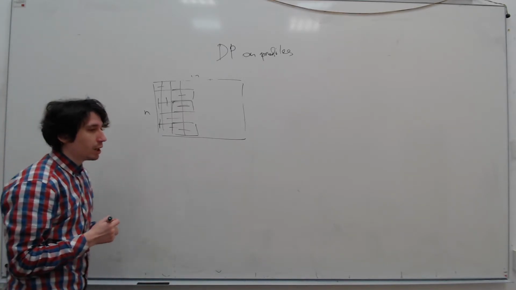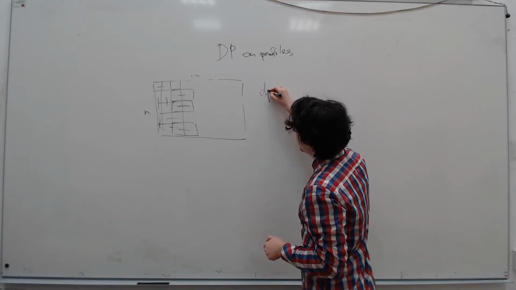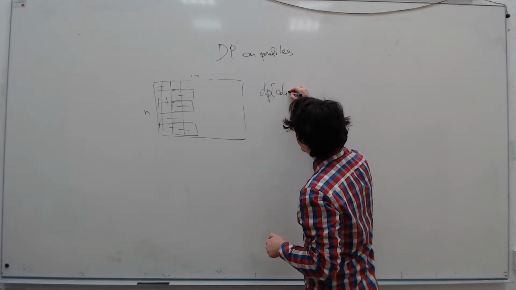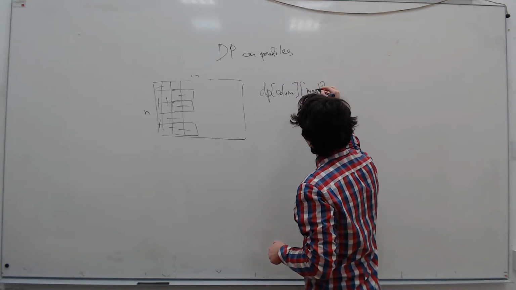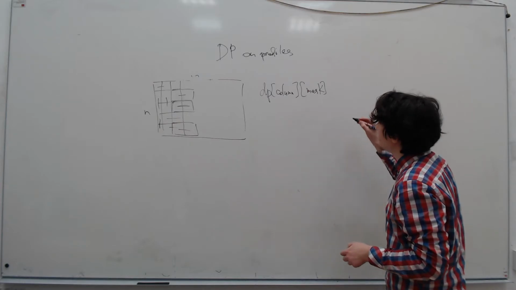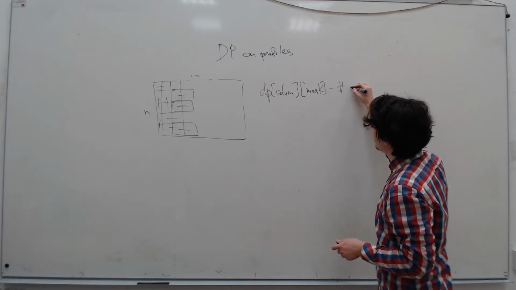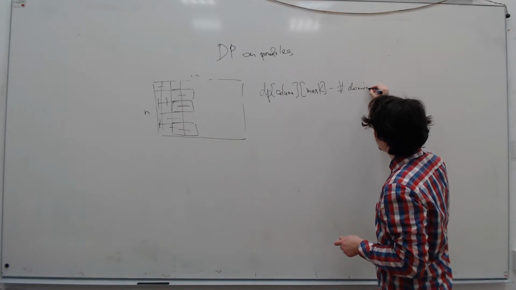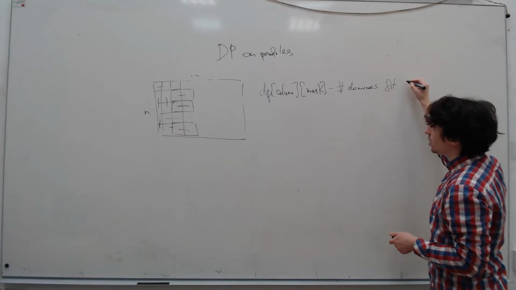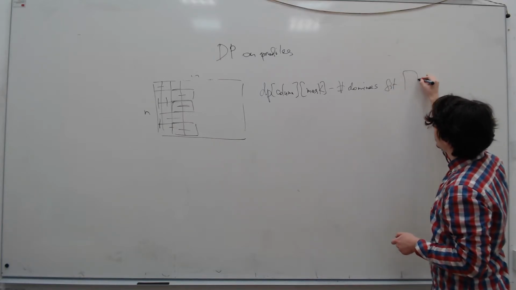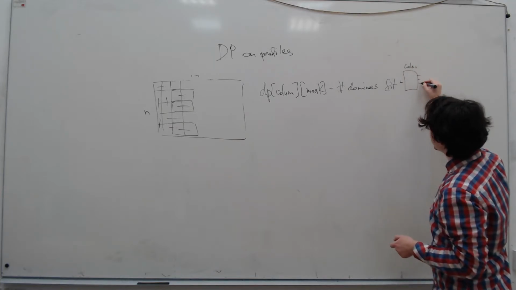And our dynamic programming will be column and mask: the number of ways to put dominoes that fit like this, in n columns, with the mask outside.